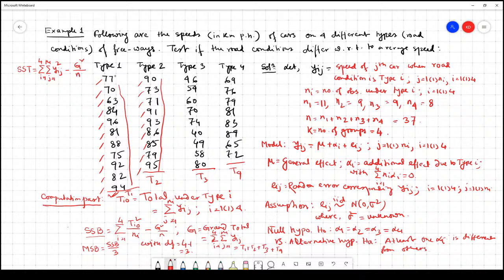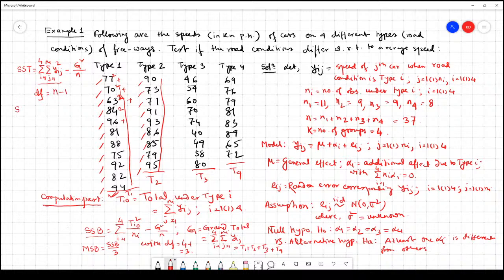So this means just 77 square plus 70 square plus 63 square plus 84 square and so on. Do all these, then you get this value, and then you subtract G square by n from it and you get SST, with corresponding degrees of freedom n minus 1.